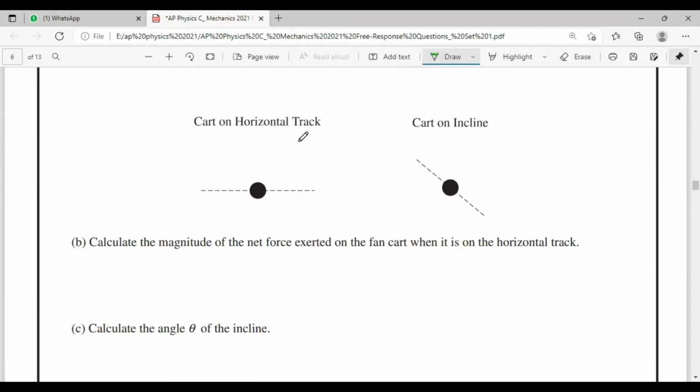So, cart on the horizontal track. We understood that on the horizontal track there will be a force mg, a force F fan, and a force F normal.